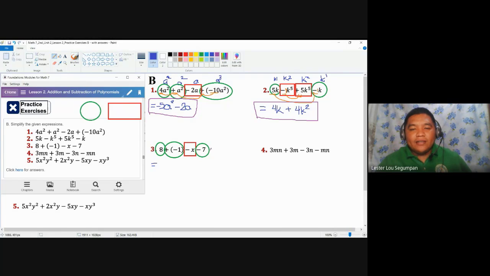And then minus 7, you will have here 0. And then you copy the remaining term. You will have here minus x. 0 minus x, since 0 will not affect the whole value, so it's just here negative x. So the result is only a monomial here. This is our final answer.